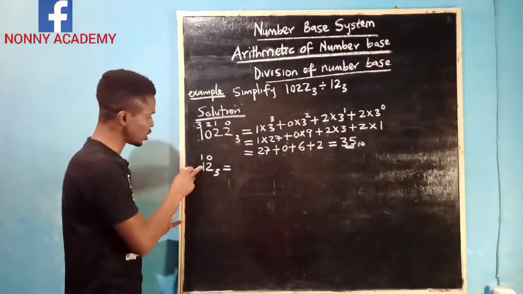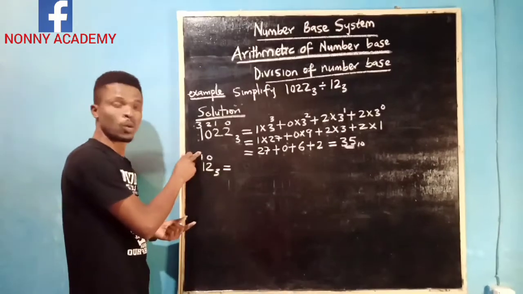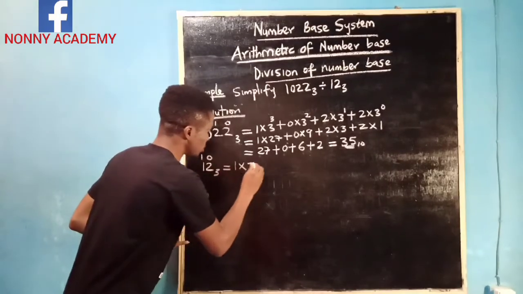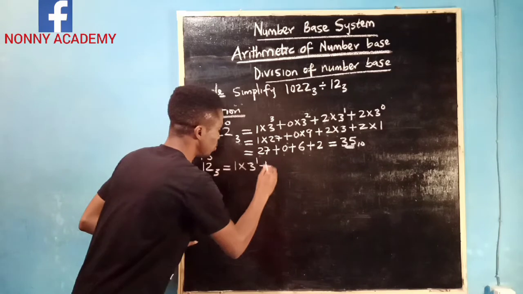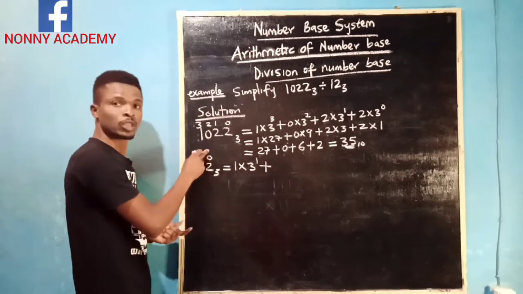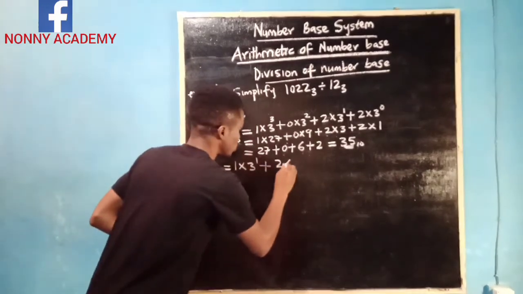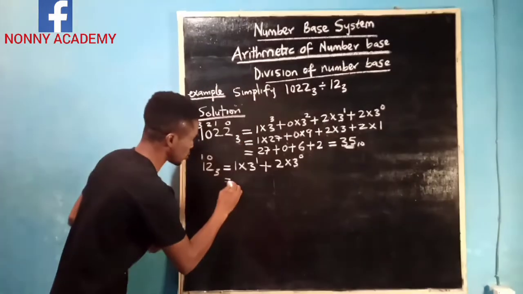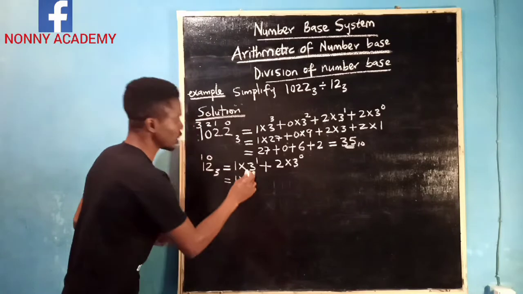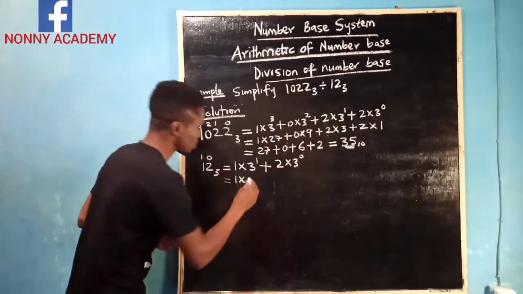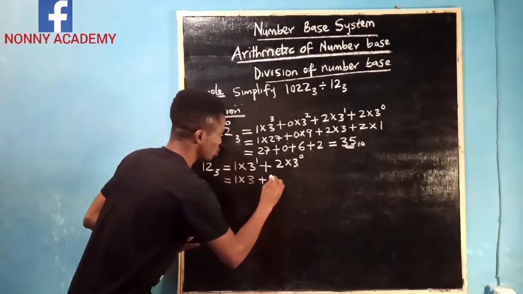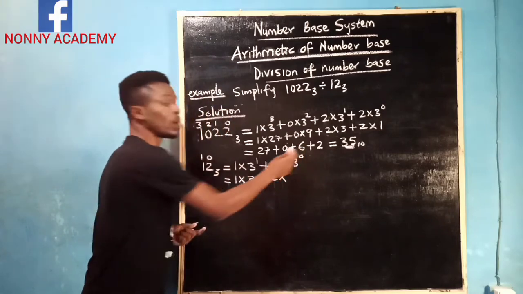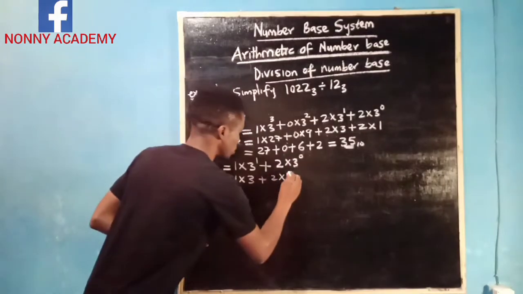So we have 0, 1 for this case. So I will start by saying 1 times 3 raised to the power 1 plus 2 times 3 raised to the power 0. Then I will proceed. 1 times 3 raised to power 1 is 3. Plus 2 times 3 raised to power 0 is 1.